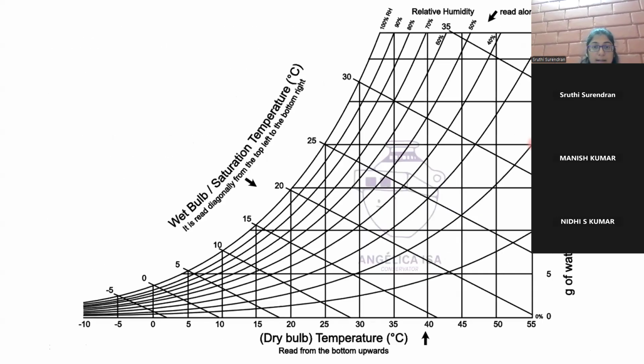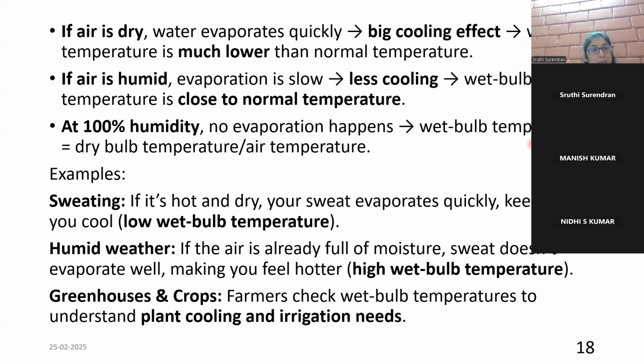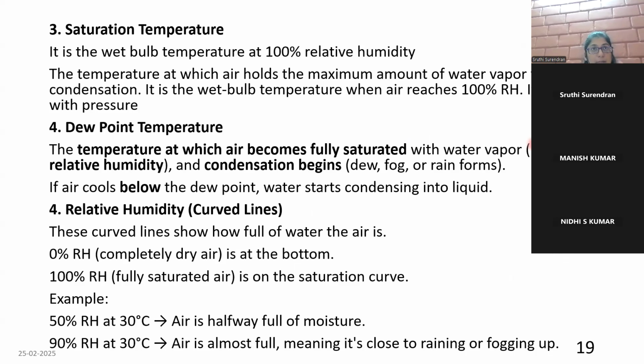Now, if you see in this graph, there is another thing called saturation temperature. At wet bulb temperature, the relative humidity is 100 percent. More evaporation cannot take place. So if more evaporation has to take place, whatever water vapor is present in the air has to cool down.